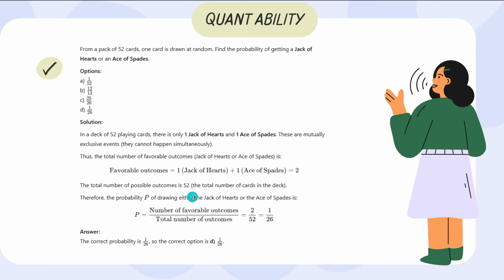The total number of possible outcomes is 52. Okay, a deck of cards has 52, so the probability of drawing jack of hearts or ace of spades is favorable outcomes by total number of outcomes. The favorable are 2 by 52, that is 1 by 26. So the correct probability is 1 by 26. Correct option is D.